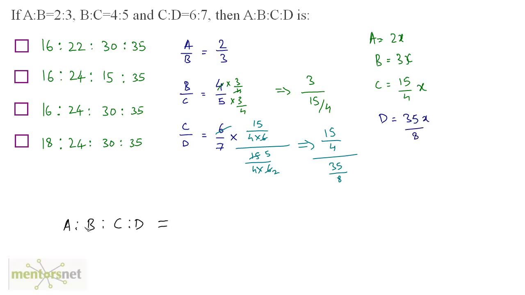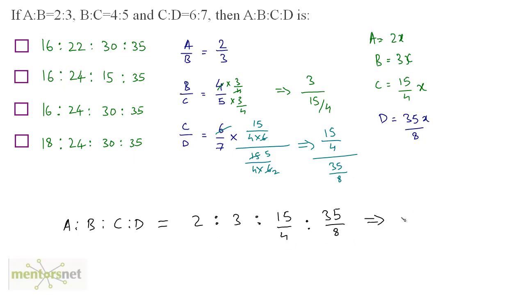Now you can find out the ratio of A, B, C and D altogether. Well, A is to B is to C is to D is 2 is to 3 is to 15 by 4 is to 35 by 8. Now we can multiply each term with the LCM of 4 and 8, which is 8.